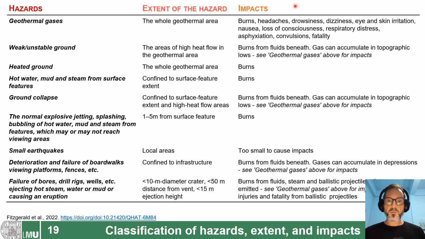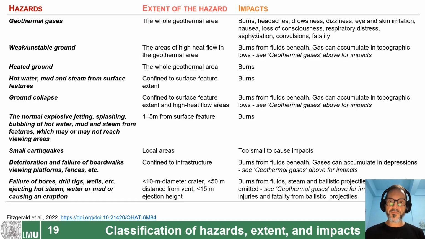It's important that you note that many of the hazards can range from a localized impact near the source to a broader effect. For example, the deterioration can be confined to infrastructure, ground collapse confined to the extent of the structures, which can be tens of meters, but heated ground goes over the whole geothermal area, which can be square kilometers, and so on.